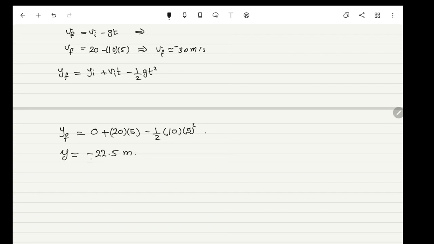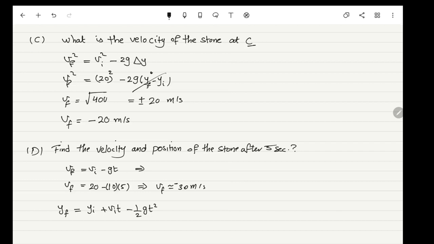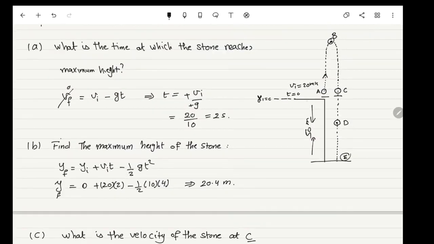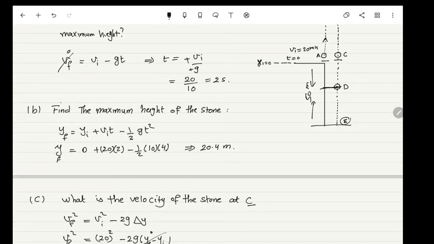The minus means that it's below the reference point that we set up at the beginning of this question, which is the top of the building, so it makes sense. It's somewhere here, 22.5 meters in height, and minus because it's below the reference point. That's it.